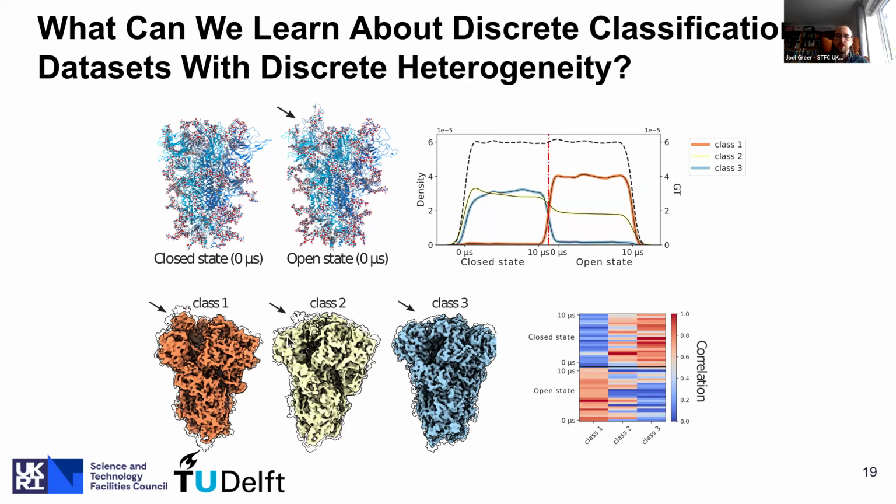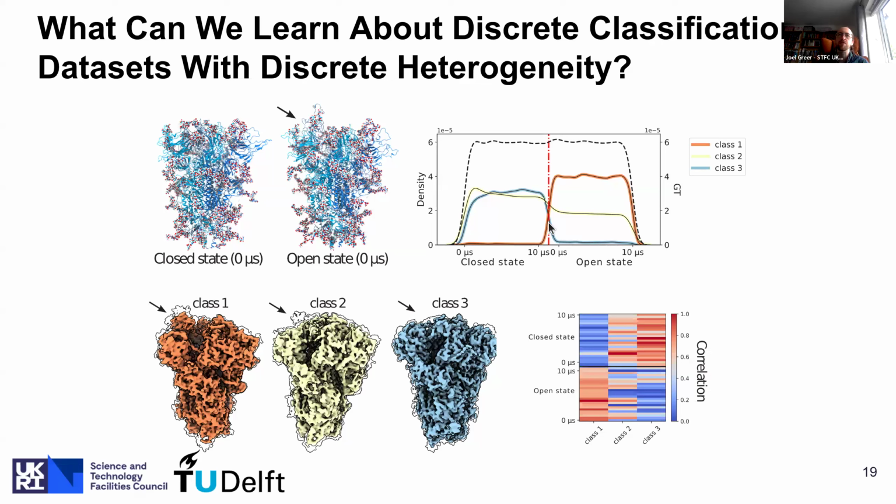Using these FDR controlled maps, we see significant variations in the presence of density around the region where we expect the receptor binding domain of the COVID spike protein to be, which is pointed to by this arrow. For class 1, we see evidence for density in this region.